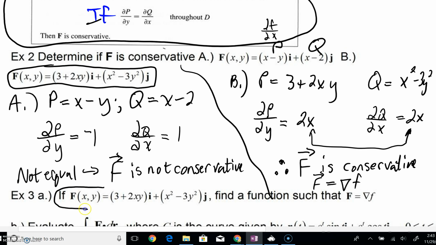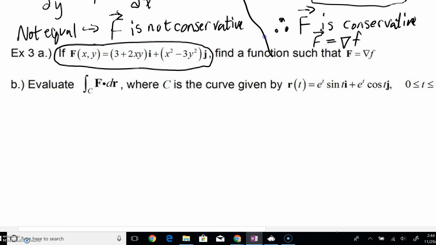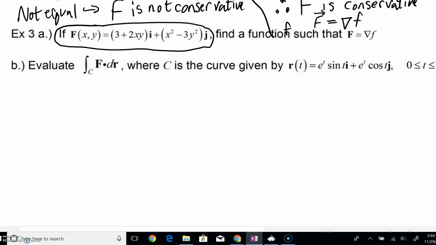We're going to deal with this exact problem that we just did for part B. And we're going to say, let's say that we've got our vector field, and we already know that it's a conservative vector field. Could we find the function f such that capital F is equal to the gradient of f?